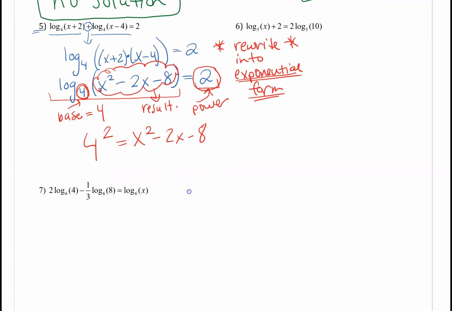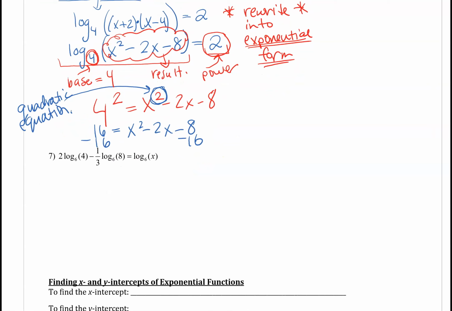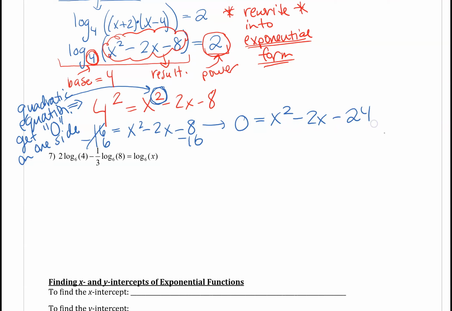So notice this resulting equation is quadratic. I have an x squared. Also remember here 4 squared is just 16. But what I'm going to want to do is get 0 on one side. So whenever you have a quadratic equation, what you're going to want to do is get a 0 on one side. So I'm subtracting the 16 from both sides so that I would have 0 equals x squared minus 2x minus 24.